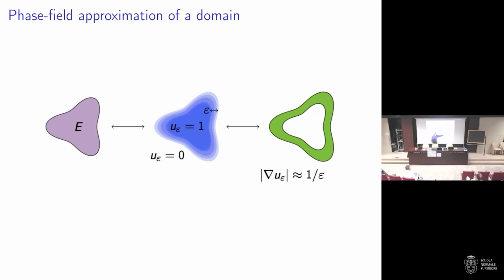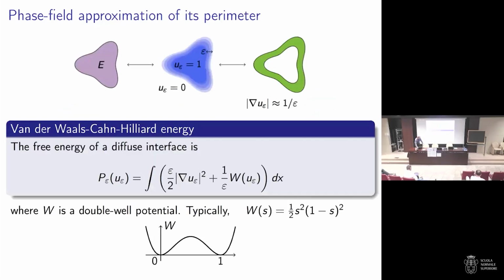So essentially the modulus of the gradient is 0 inside, 0 outside, and in this transition zone it's around 1/epsilon. Okay, and so one of the celebrated geometric energies associated with phase field approximation is the so-called Cahn-Hilliard energy, but actually the first version of it was proposed by van der Waals more than 100 years ago.